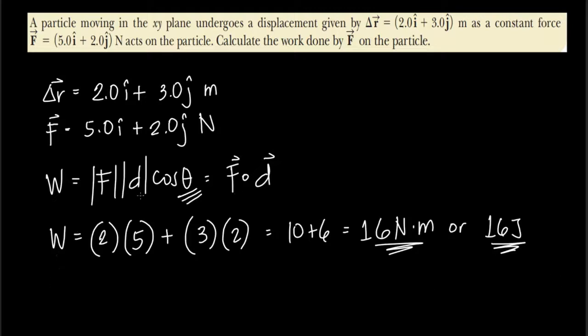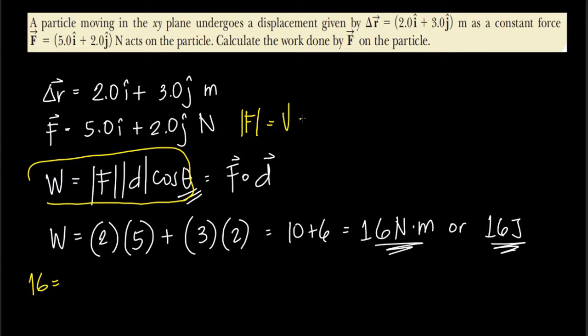Okay. So, using this formula, let me just change the color of my pen. Okay. So, 16 equals the magnitude of our force. If you can remember, the magnitude of force is the square root of 25 plus 4. 5 squared plus 2 squared, okay?